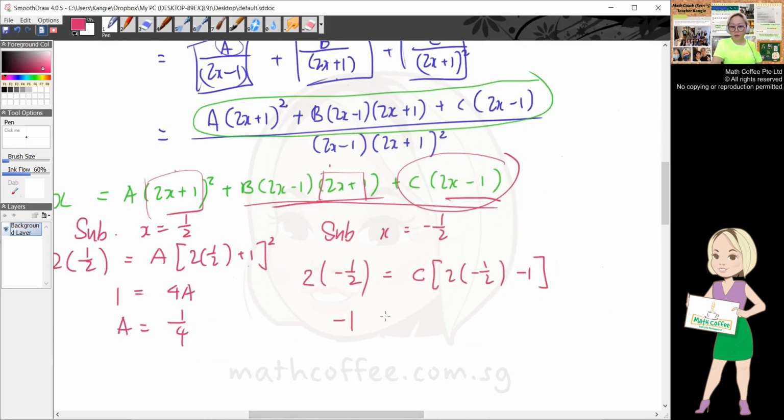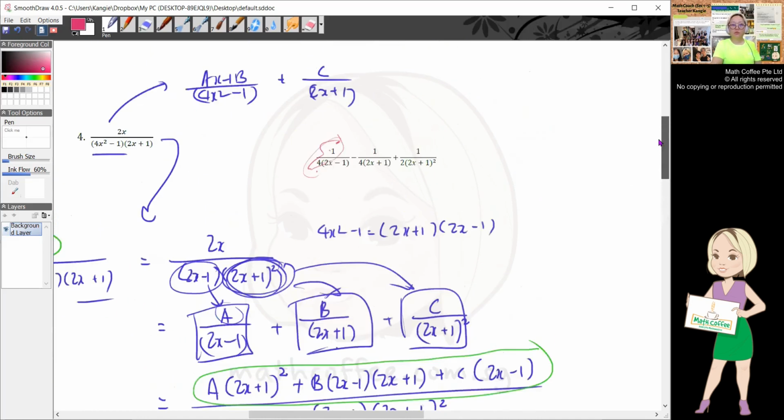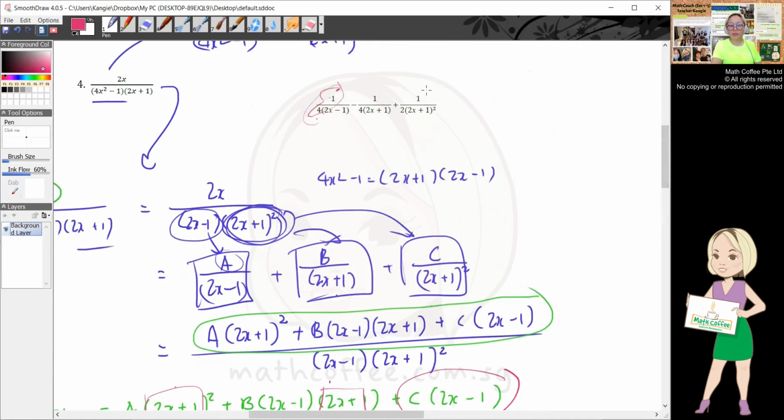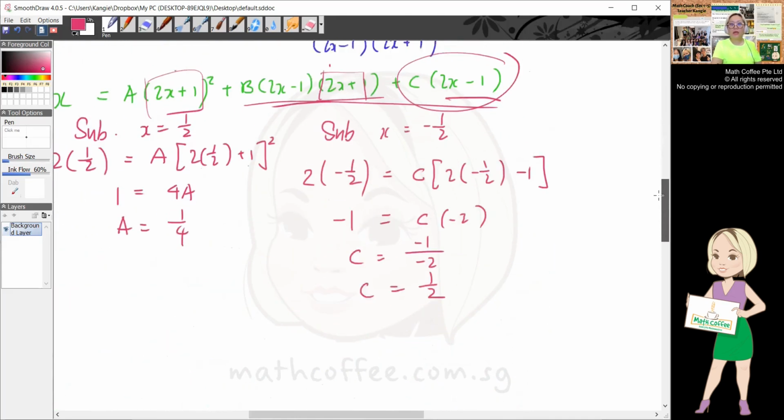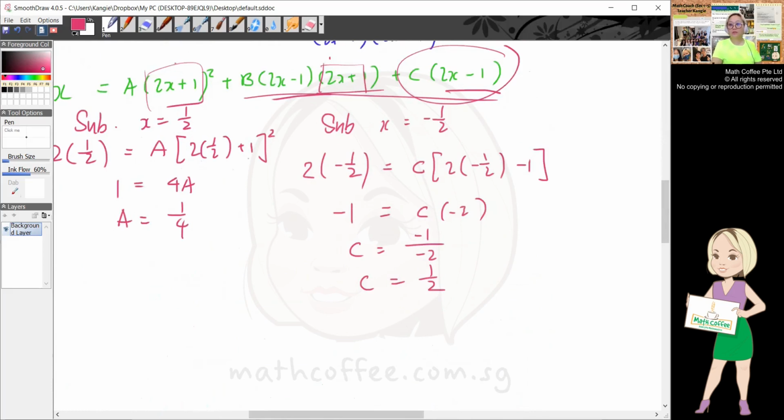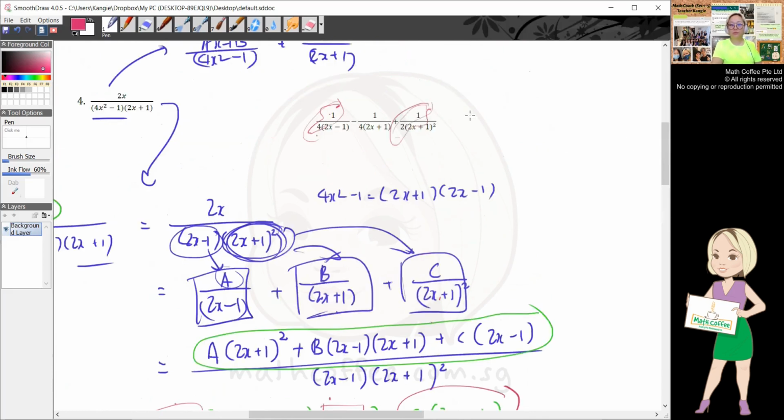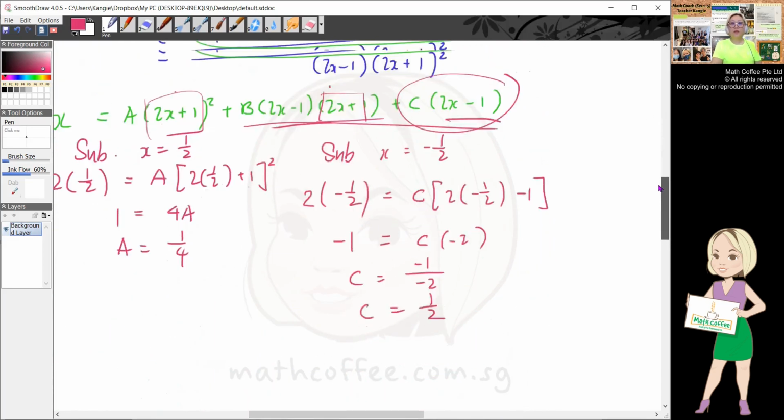So I have minus 1, minus 1, minus 2. So I have c times minus 2. So I have c equals minus 1 over minus 2. So my c equals half. So let's see, my c is this one. See? Plus 1 squared. This one. But why is it that mine is, oh yeah, half. Okay, so positive half. Do you see that? 1 over 2. Yeah.